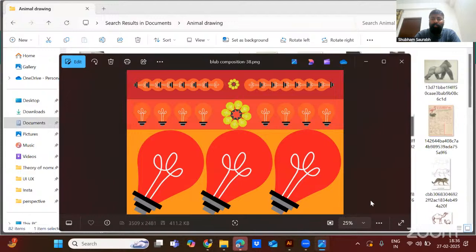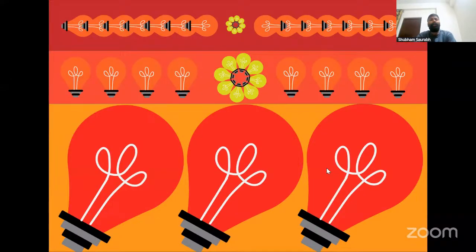Sometimes they might give you an object like an electric bulb. Then what can we do? We'll apply the same formula: any number of bulbs, any size, any orientation, straight, tilted, overlapping, and different colors. Now you see there are three bulbs which are so big.